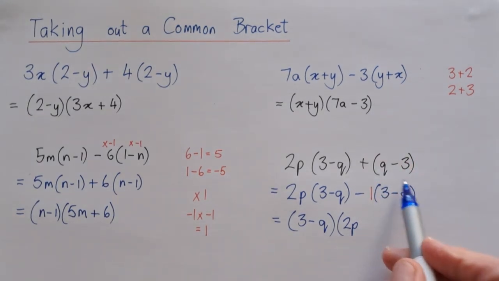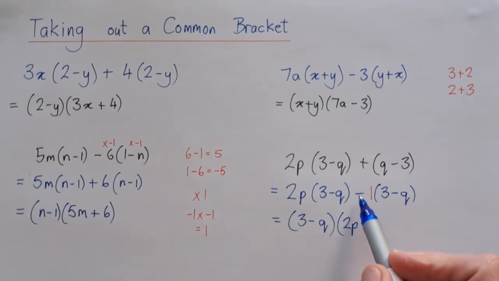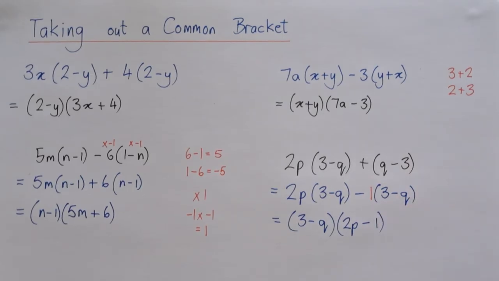So what have we got left over from this term when you've taken out the common bracket? We're left with minus 1. And don't get caught out by that. If you've had two terms to start with, then once you've taken out your common factor, you're also going to have two terms left in the bracket, the second bracket.